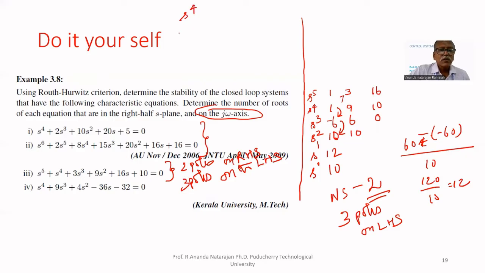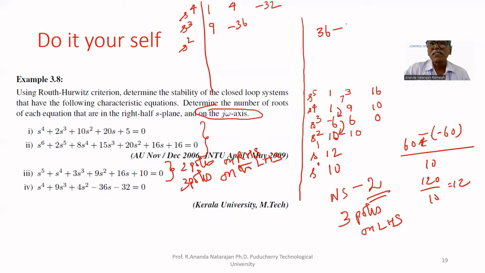S power 4, S power 3, 1, 9, 4, minus 36, minus 32. So how many poles on the right hand side and on the j omega axis do we have to find? S square: minus 36 minus 36 minus of minus plus 36.